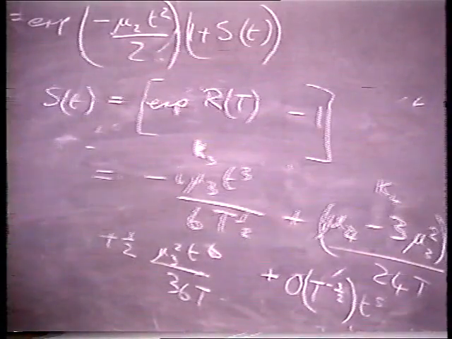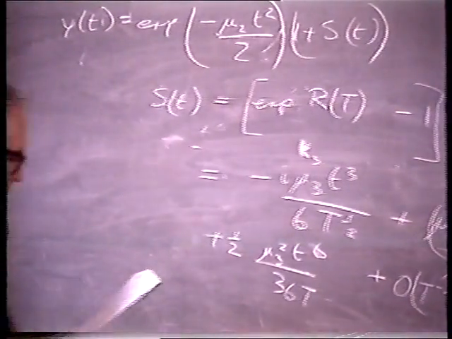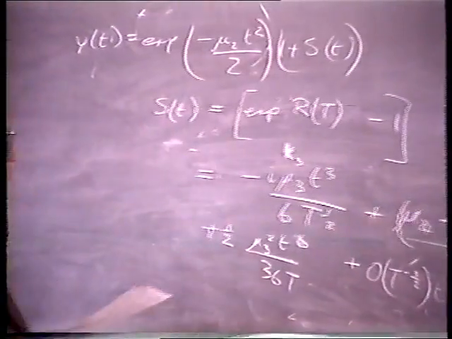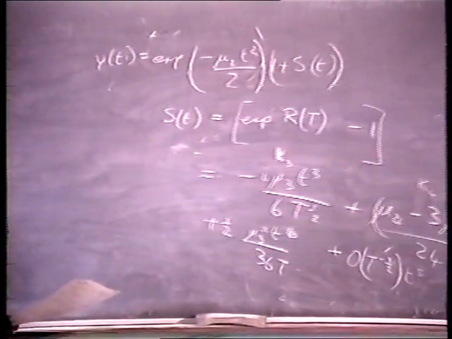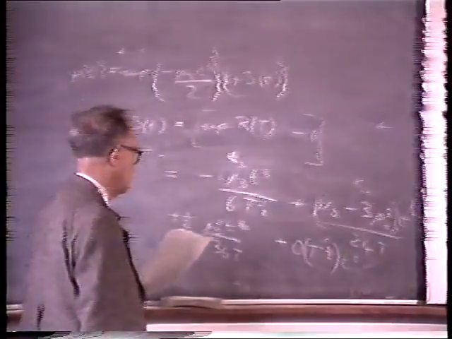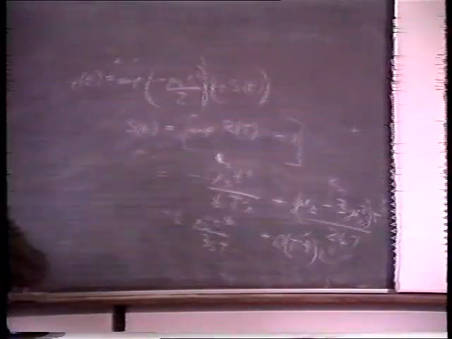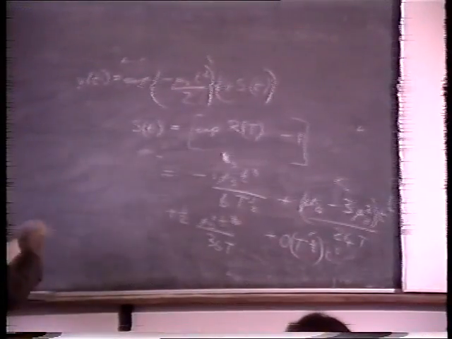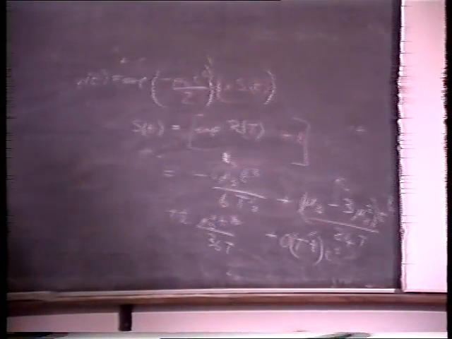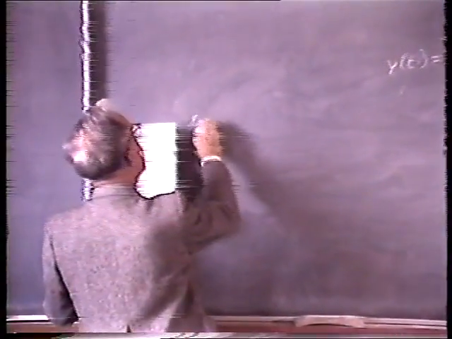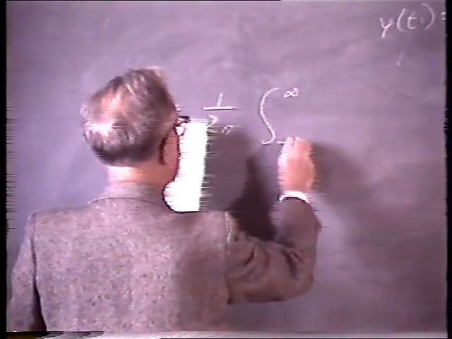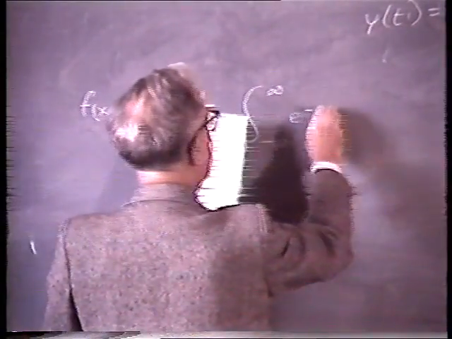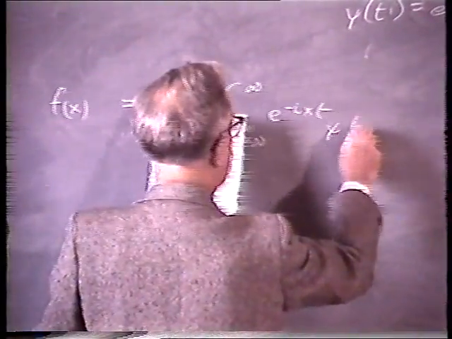Now the thing one now does is to integrate this term by term. In other words, one is going to make use of the inverse Fourier transform formula, that the probability density of x, let's just write that, f of x is equal to 1 upon 2 pi integral from minus infinity to infinity of e to the minus i x t psi(t) dt.